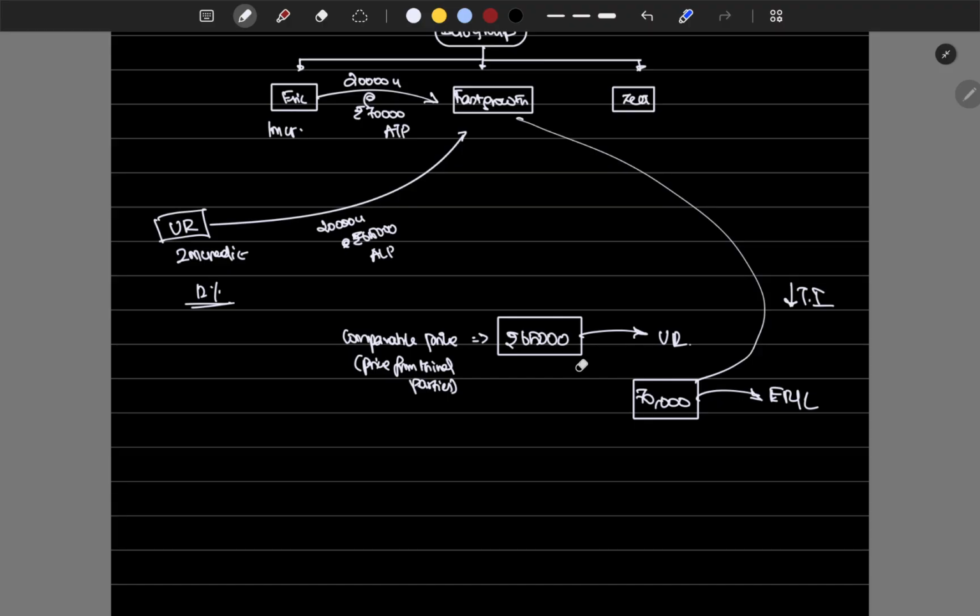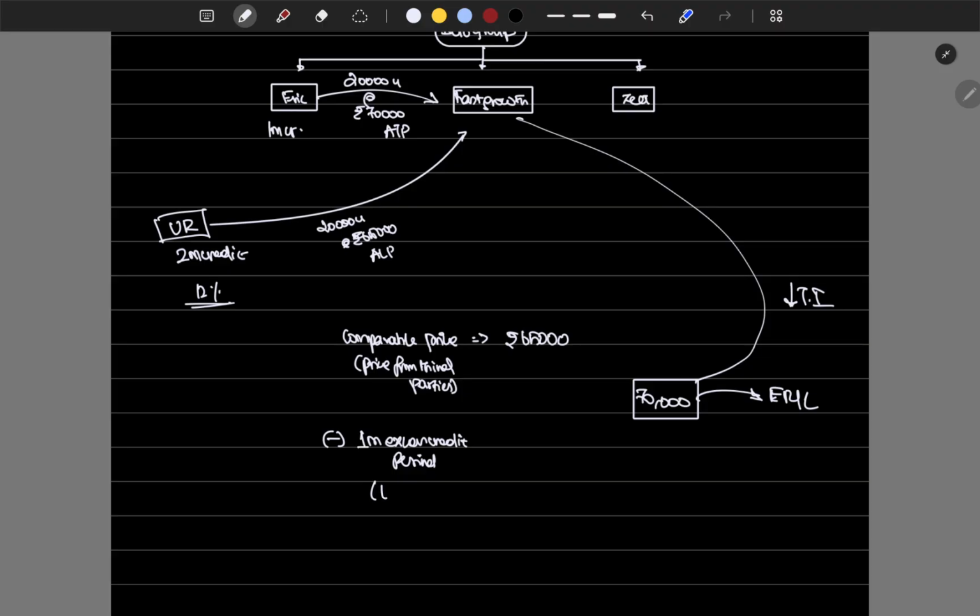So we have to consider the ALP for this transaction. For that, we need the functional adjustment, which here is the credit period. The unrelated party is giving 1 month of additional credit period, so we have to reduce the cost of that 1 month excess credit period.